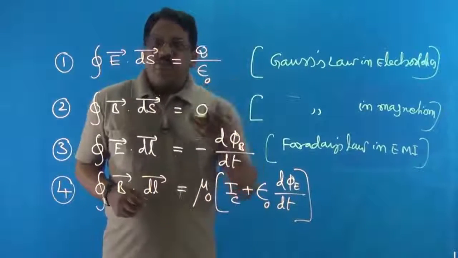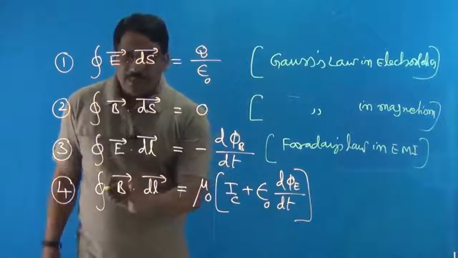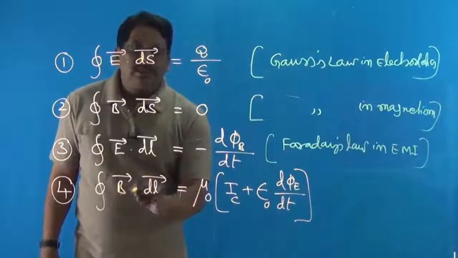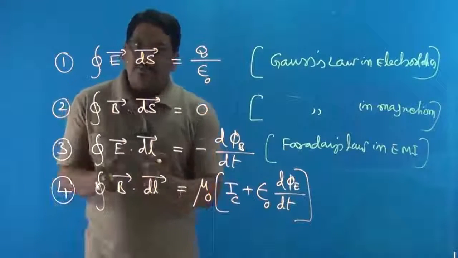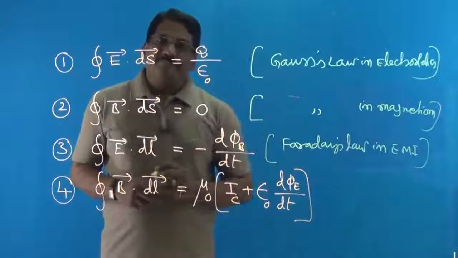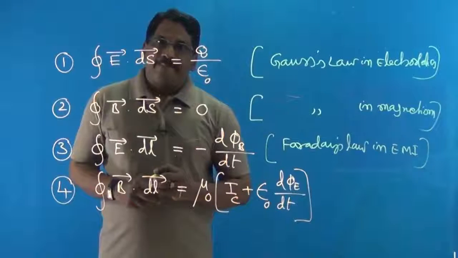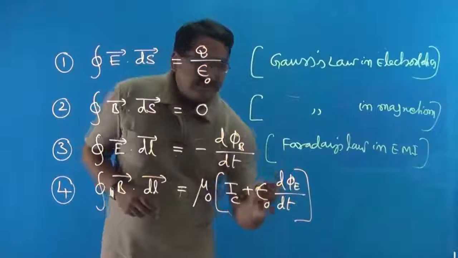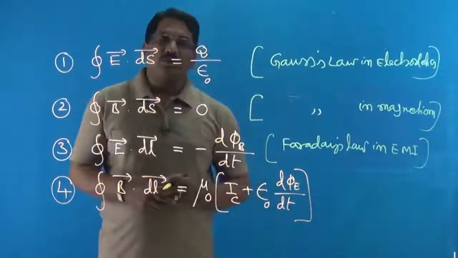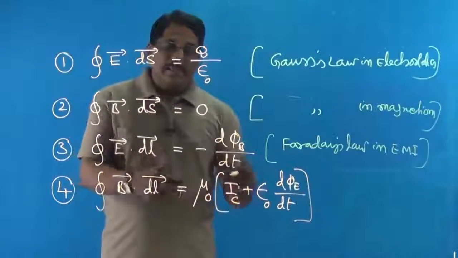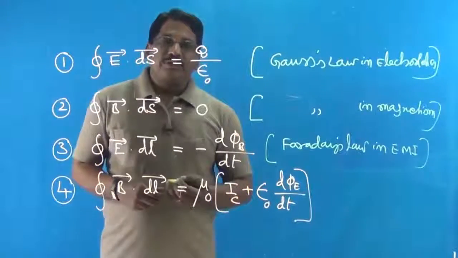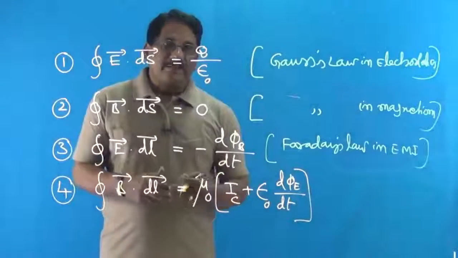Ampere's circuital law is that the line integral of B bar dot dl bar over a closed path is equal to mu naught into I_C. But now we have a displacement current in addition to I_C. This is the modification, made to overcome the inconsistency of Ampere's law in circuits having elements like the capacitor.